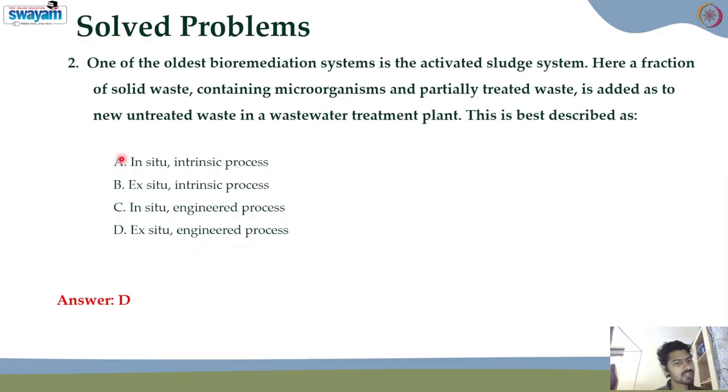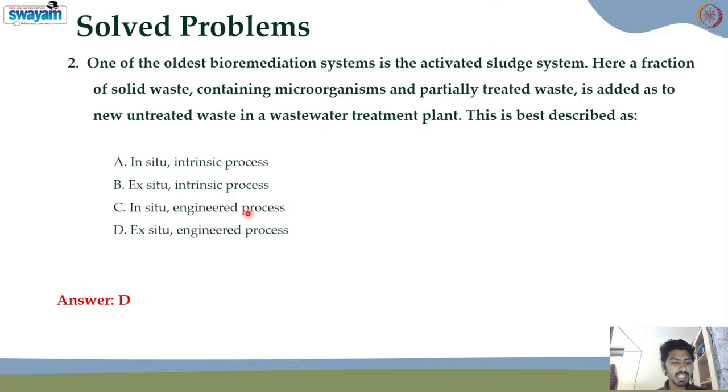And in situ, as we already know, is bioremediation that occurs in the original location of the waste. Whereas intrinsic means a process with naturally occurring microorganisms and conditions, without human intervention or modification. Whereas if you see the activated sludge system, it is a highly controlled and manipulated process to enhance the biological activity.